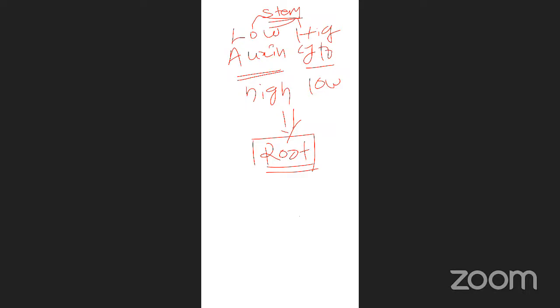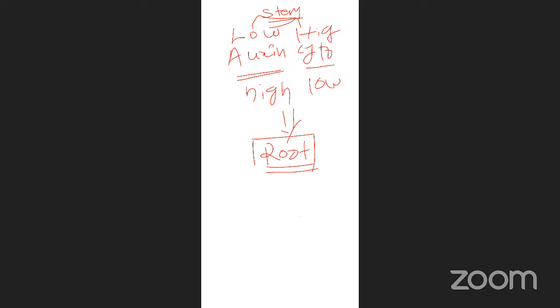Stomatal closure. ABA, stomata closure. Actually, stomatal opening is by cytokinin; I forgot that. But stomatal closing during transpiration, when there is loss of water and high temperature, automatically inside the plant ABA, abscisic acid, is released.